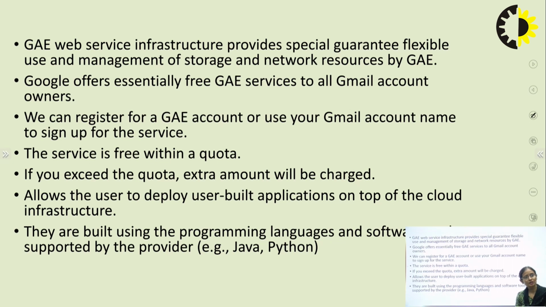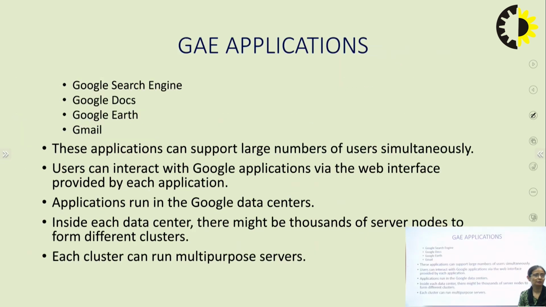You can register for a GAE account or use your Gmail account name to sign up for the service. The service is free within a quota. If you want to exceed the resources, then you need to pay the extra amount. It allows users to deploy user-built applications on top of the cloud infrastructure. And the two basic languages supported here are Java and Python.